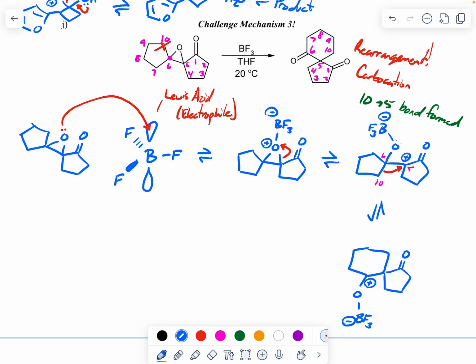It's still a good Lewis acid, but it can exist in solution. So that bond must break so that we can form the oxygen-carbon double bond, giving us our BF3 back and forming our product. So that is how we do all of these mechanisms, and hopefully you learned something throughout the process.